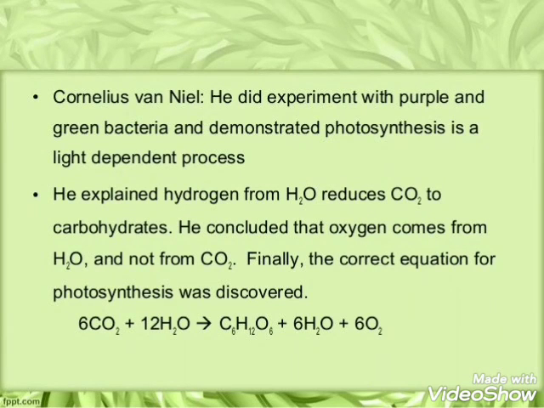This was later proved by using a radioactive isotope of oxygen. The overall correct equation for photosynthesis is as follows: 6CO2 + 12H2O in the presence of light gives C6H12O6 + 6H2O + 6O2.